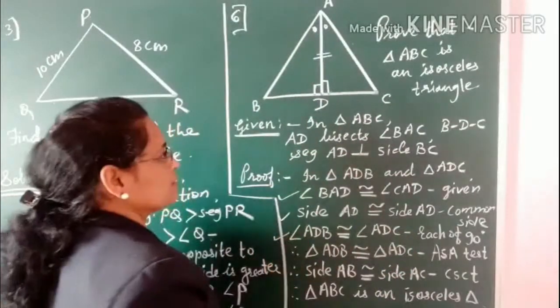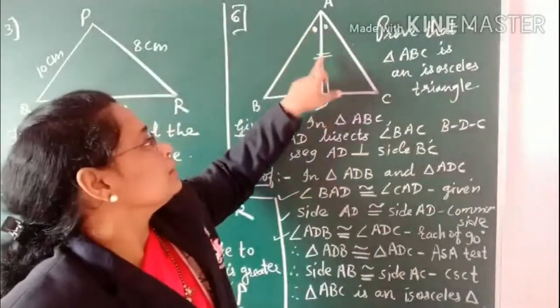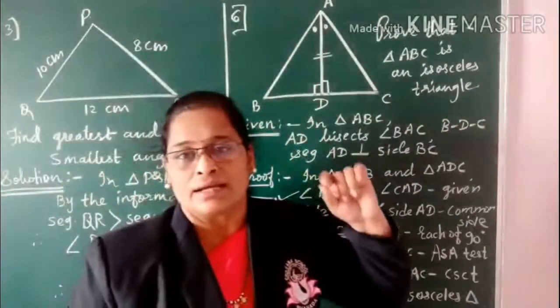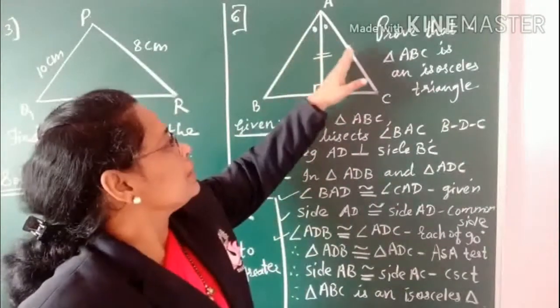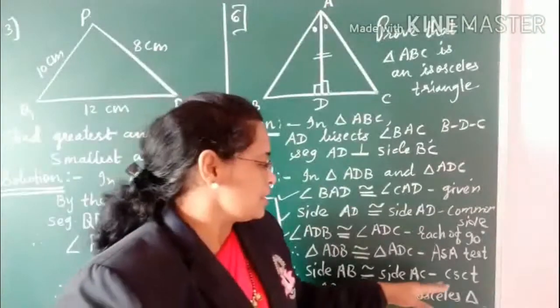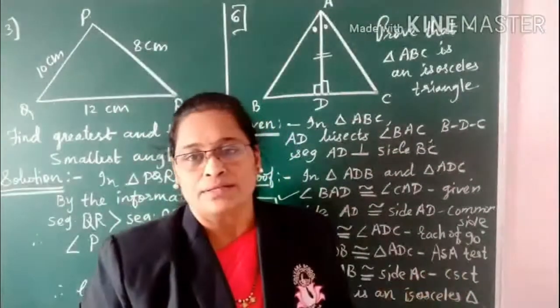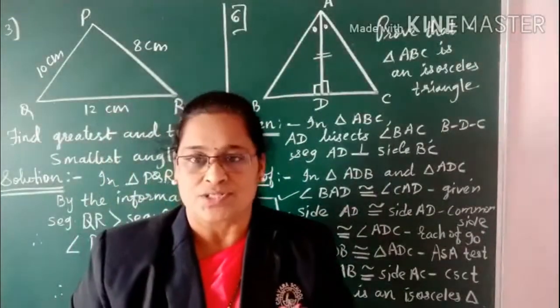So third element is there. So both of the triangles are congruent by angle side angle, that is ASA test. And after that we'll say that the remaining congruent part, that is AB is congruent to AC by CSCT. What is CSCT? Corresponding sides of congruent triangles. So here we can prove that triangle ABC is an isosceles triangle.